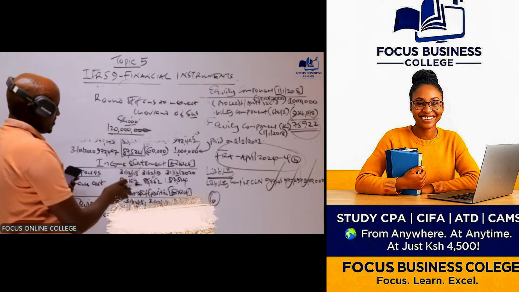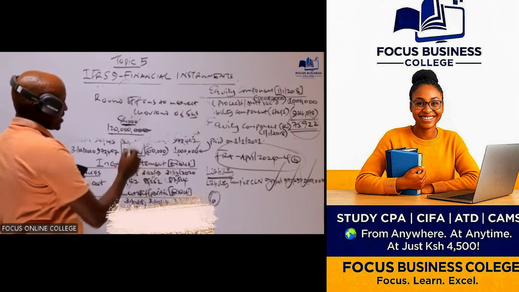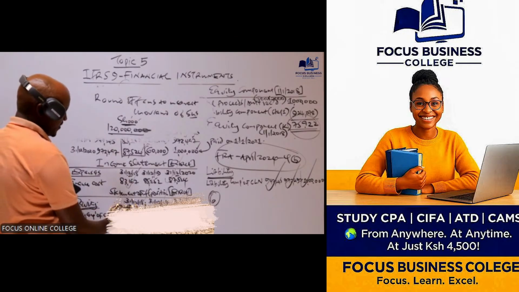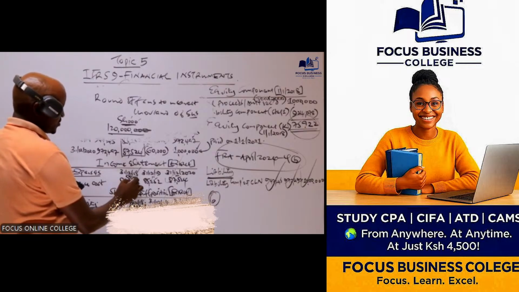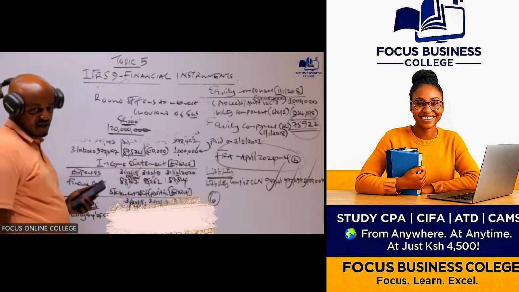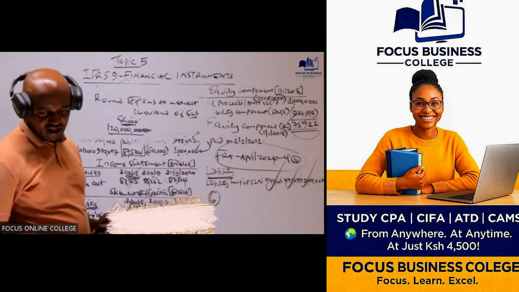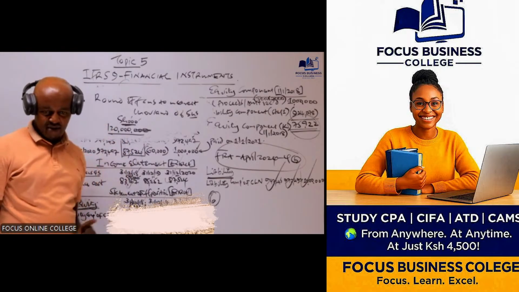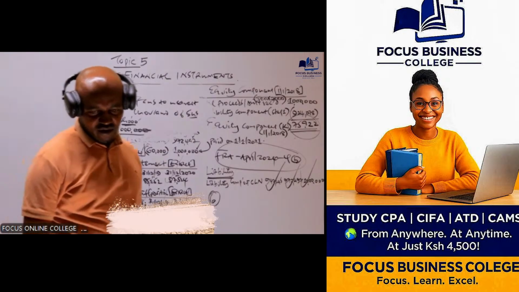When preparing the amortization table, the income statement and the statement of financial position, you must note that your figures are in thousands of shillings. And if you come across a figure having decimals, you must round off to the nearest whole number. So I want to give that particular question as an assignment.